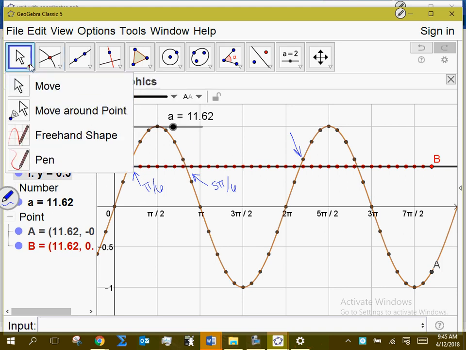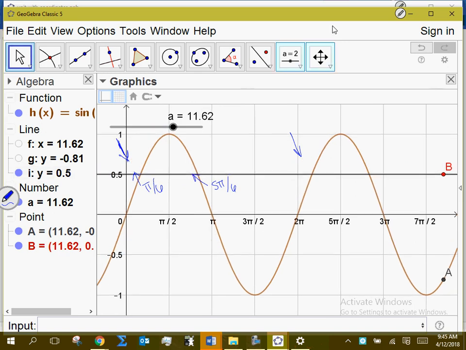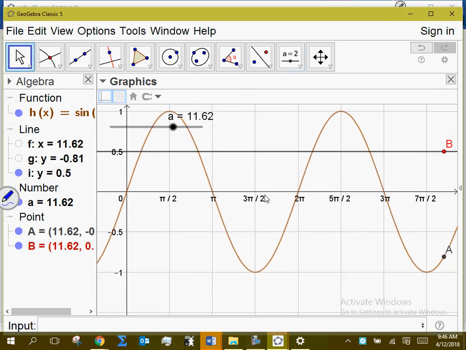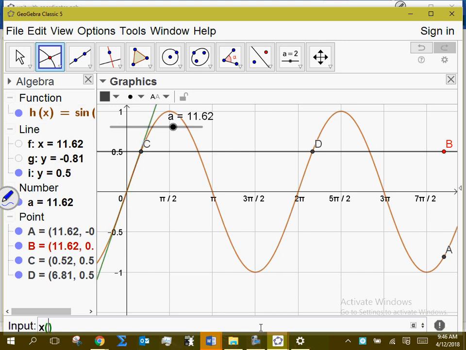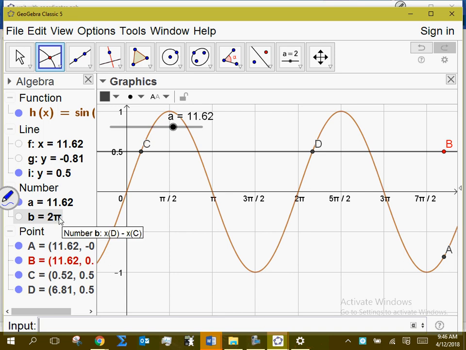If I look at just the intersections here, let's take that point there, C, and that point there, D. I ask this to take the x value of C and the x value of D, and I'm going to subtract them in that order. You see that it gives me back 2 pi.